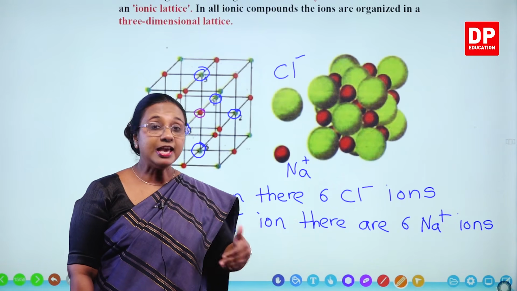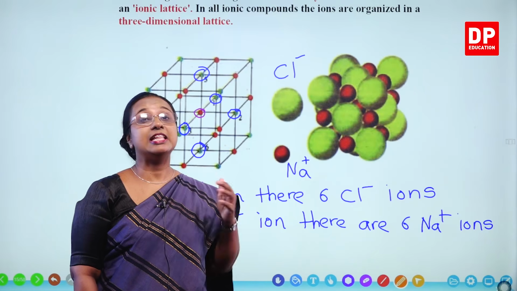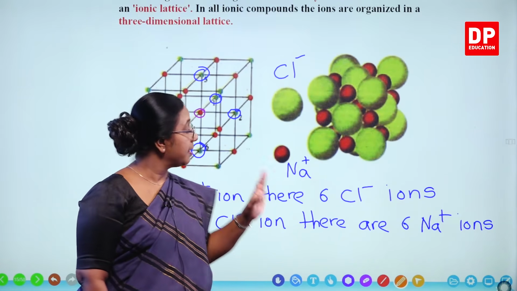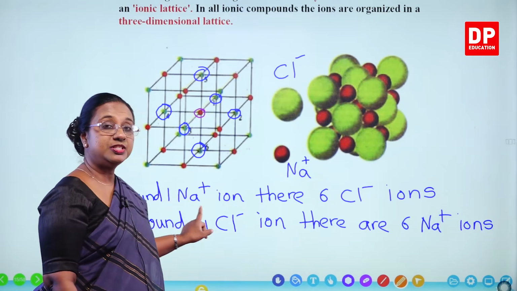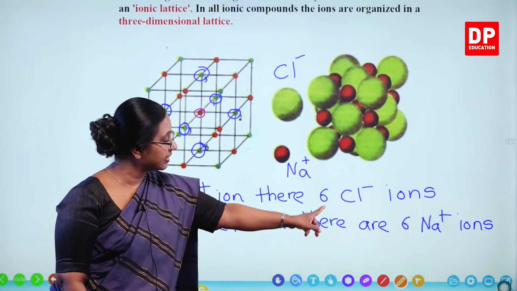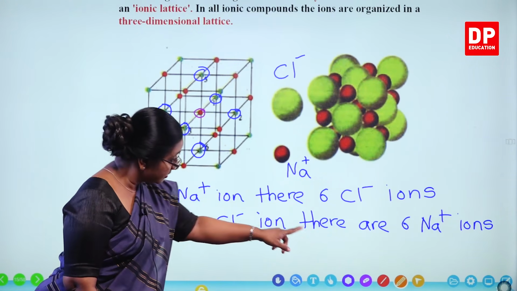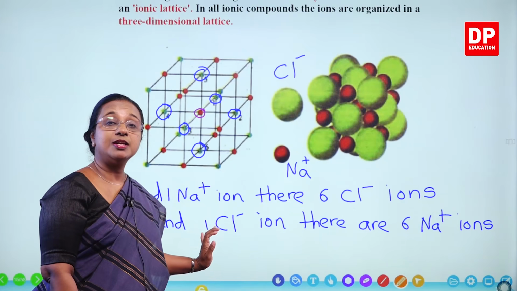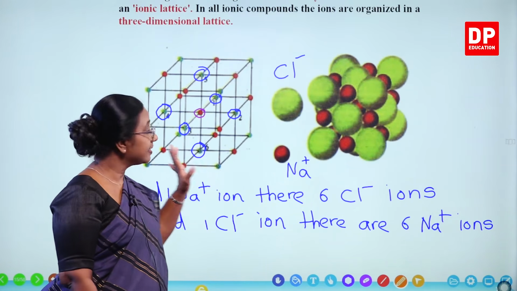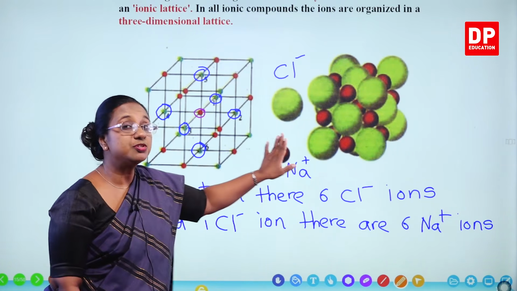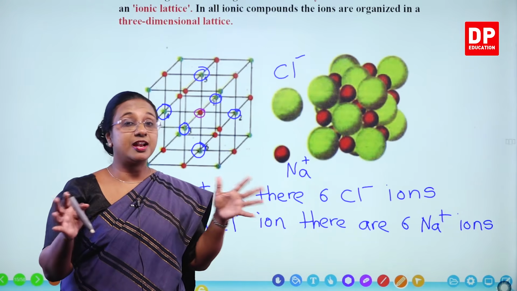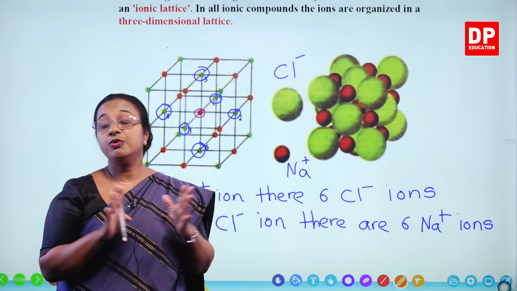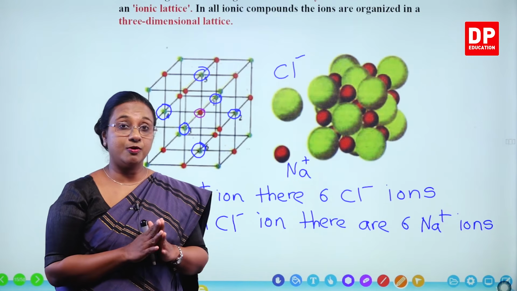The same way, around 1 chloride ion, there are 6 sodium ions. But this ratio, 6 chloride ions around 1 sodium, 6 sodium ions around 1 chloride ion, is a fixed value only for sodium chloride. For different ionic compounds, there are different arrangements. You don't have to worry about that now.